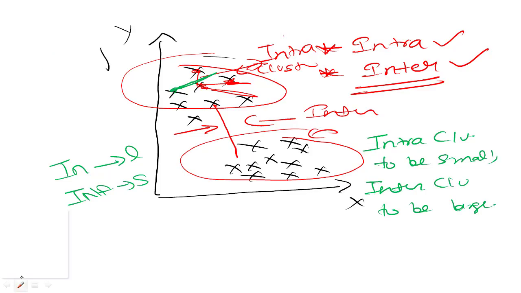Another evaluation technique is here in front of you, which is the Davies-Bouldin index. This is also like the Dunn index.